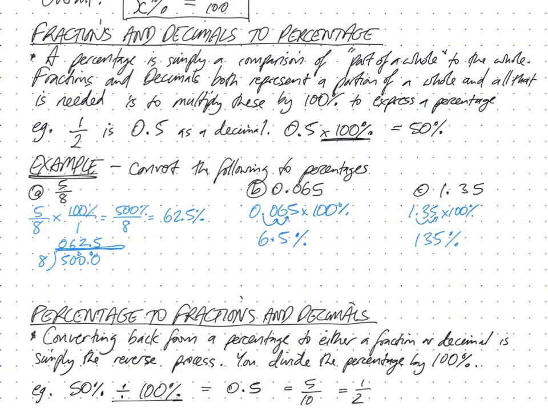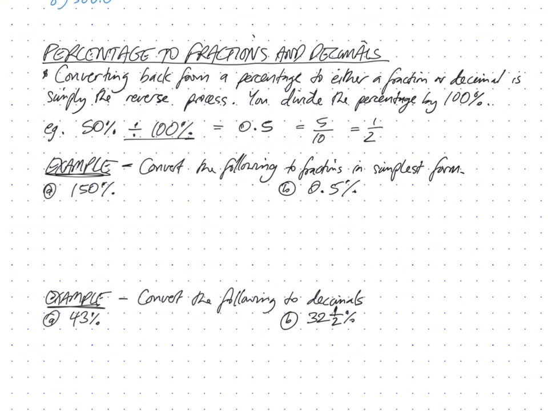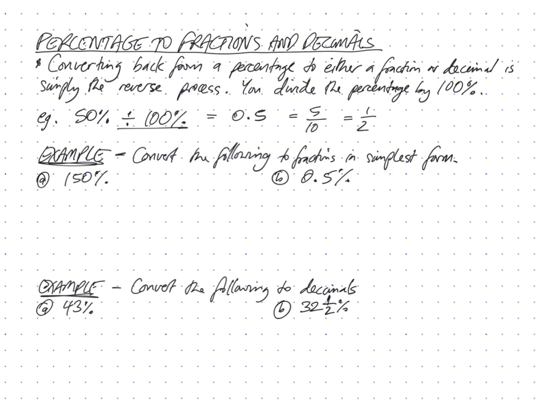So that's an example of converting decimals and fractions to percentage. Now we need to be able to do the other way, converting a percentage back to fractions and decimals. Now, if going from fraction or decimal to percentage is timesing by 100%, converting back from a percentage to either a fraction or decimal is simply the reverse process.